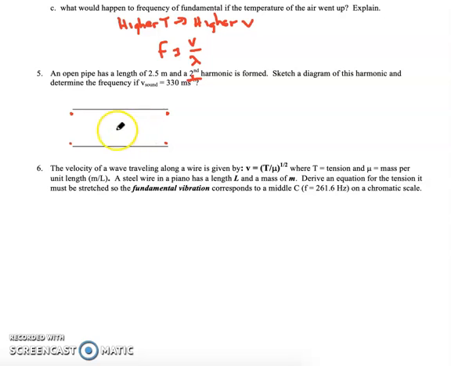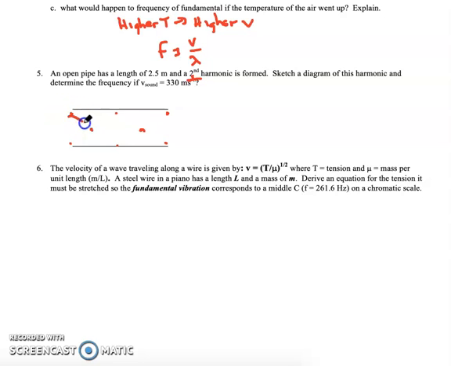I want to equally space my nodes apart, so I'm going to take this one and split it in two, if you will. Ignore this one now. Between any two successive nodes, I need antinodes, so I need to have one here and here. So I have antinode, node, antinode, node, antinode.